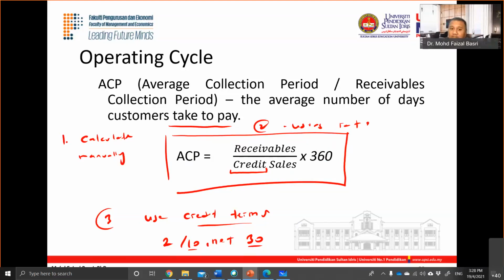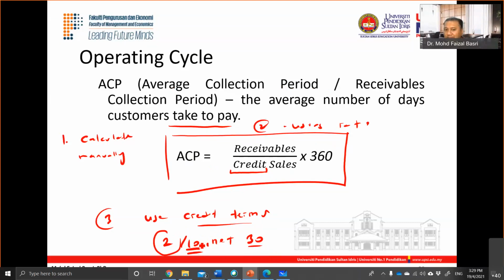So, we have 10 days here and 30 days here. And why do we give this discount? Basically to encourage our customer to pay early, right? So therefore, when we talk about average collection period, we're going to make an assumption that our customers are going to pay early.